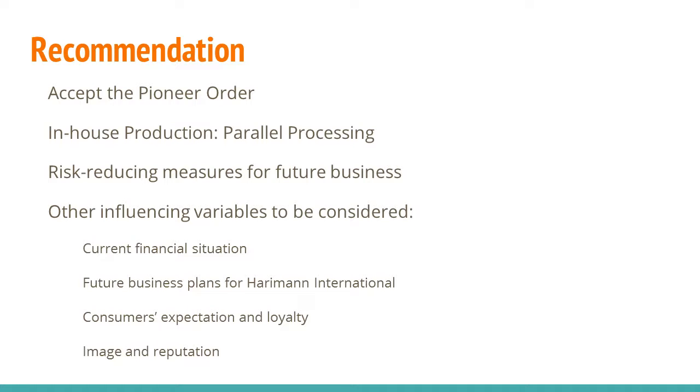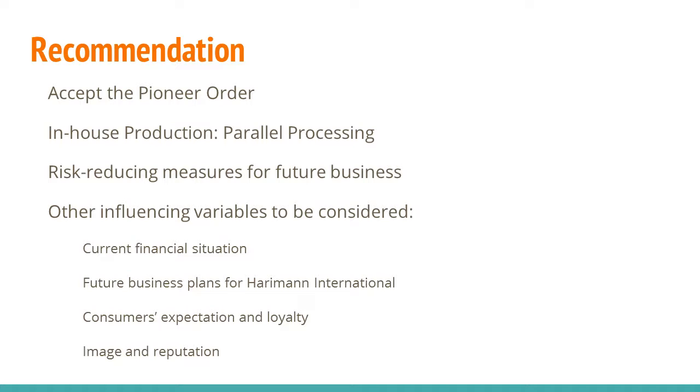We also recommend that Dawan sets up risk reducing measures for future businesses. Contracts should be reviewed to make sure that the loss from late delivery or uncertainties or scope creeps do not have a high negative impact on the business. Other factors to be considered are the current financial situation.